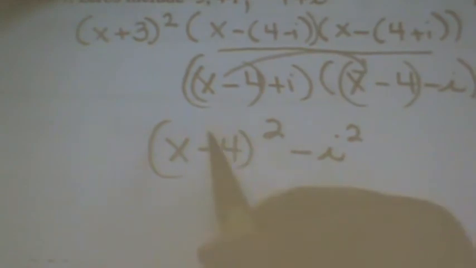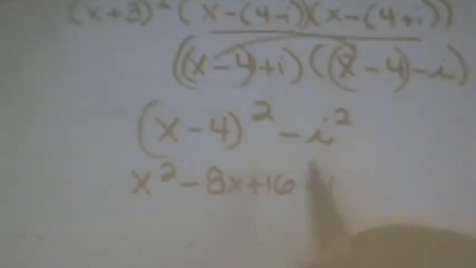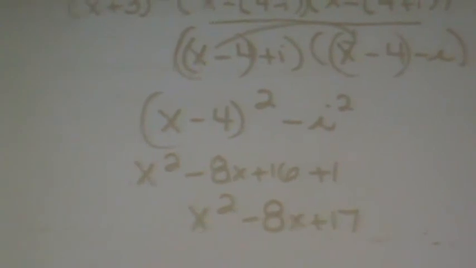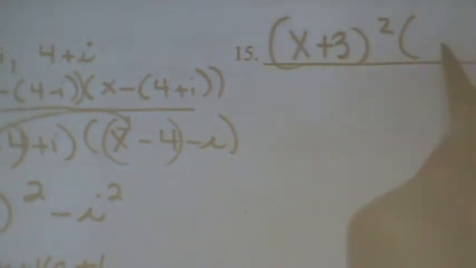So now, simplify this. This is going to be plus 1. So it's x squared minus 8x plus 17. So your answer in factored form would be x plus 3 quantity squared, and then times x squared minus 8x plus 17.